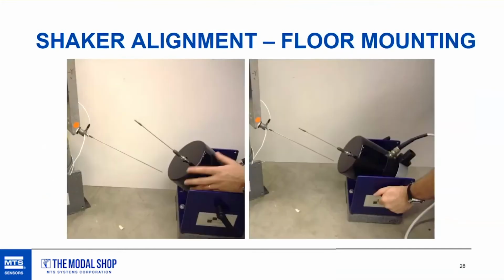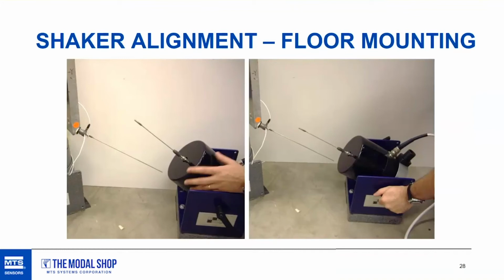If we look at the first example on the screen, we're looking at the shaker sitting on the floor, and to illustrate the alignment, I have added 2 stingers, one on the sensor, one on the shaker, so you can easily see the angle. So what I'm doing is rotating the angle on the shaker to get to the right alignment.